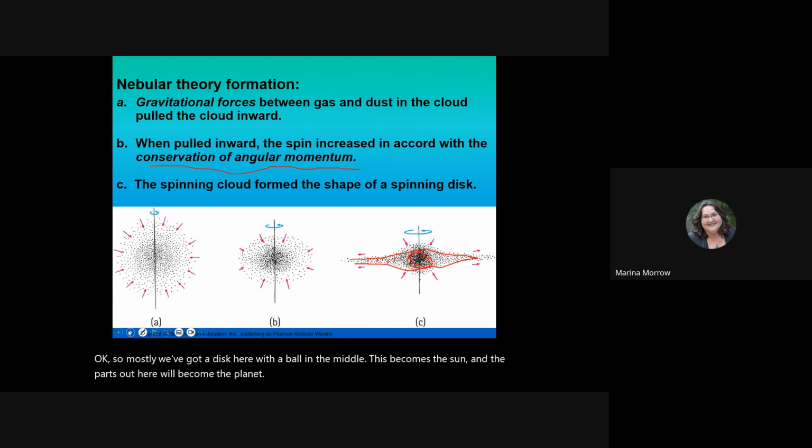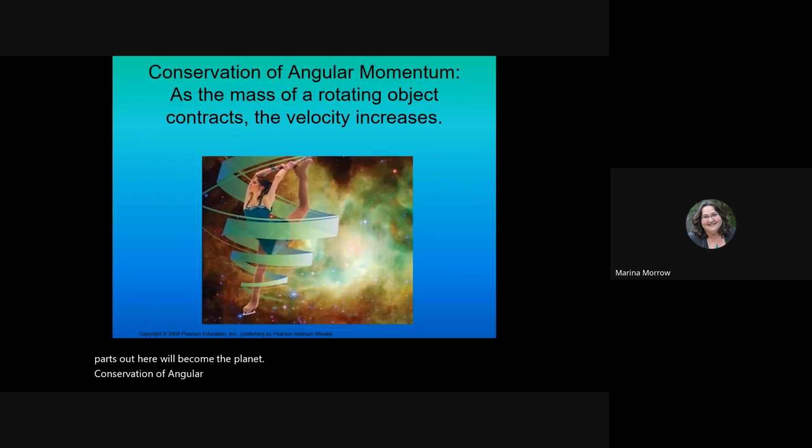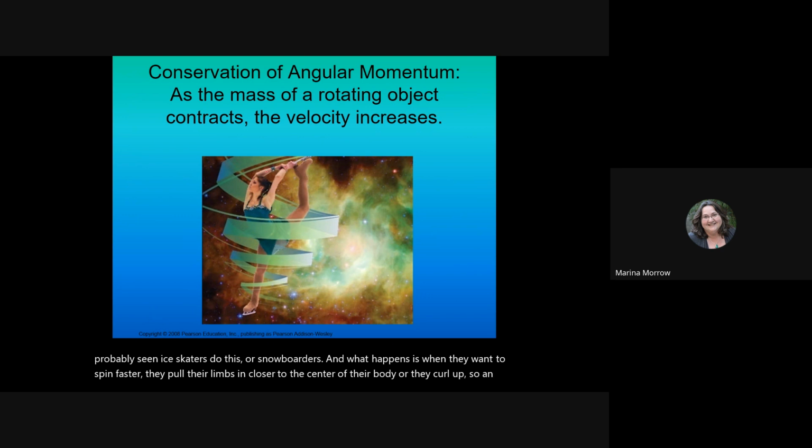Conservation of angular momentum is where you've got a rotating mass. And you can think of this as an ice skater. You've probably seen ice skaters do this, or snowboarders. What happens is when they want to spin faster, they pull their limbs in closer to the center of their body, or they curl up. So an ice skater will pull her limbs in, and then she's able to spin faster.